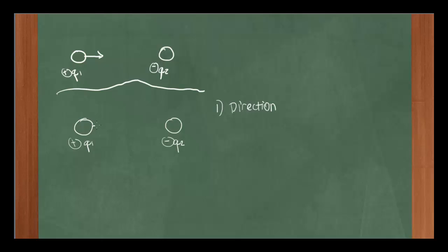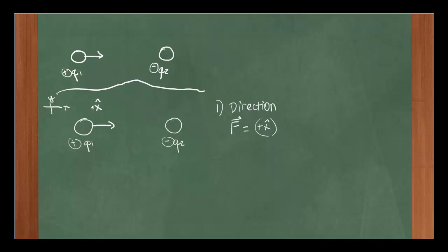So in this case, this charge would go to the right, or the force would point to the right, and if I set up my coordinates as x and y as so, this would be in the positive x hat direction. So I know the force is in the positive x hat direction. So that takes care of direction.